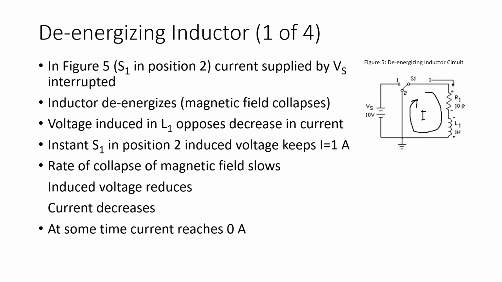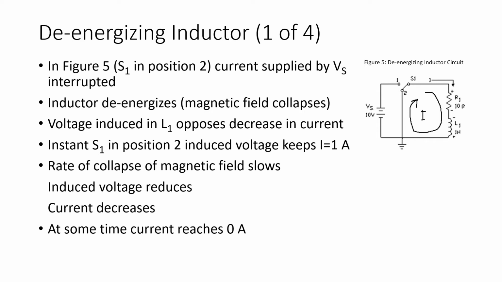So this collapsing magnetic field is now the source of energy for the voltage that keeps current flowing. So again, the instant the switch is placed in position 2, a voltage is induced that keeps 1 amp of current flowing.